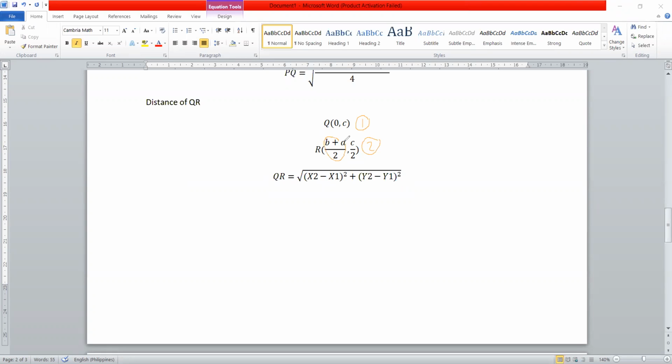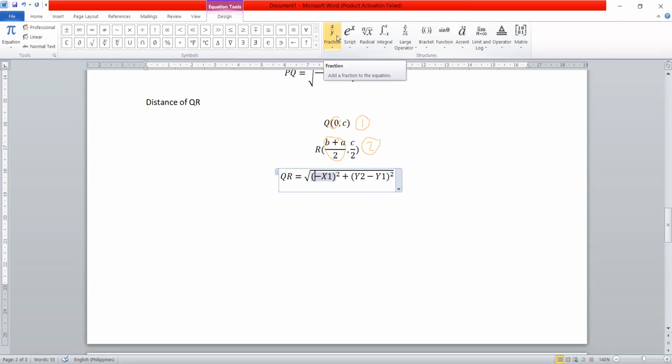So x2 is b plus a over 2, and x1 is 0. I'll just substitute that again: b plus a over 2 and x1 is 0. Next, you have your y2. So y2 is c divided by 2 and y1 is c. So you have here c over 2 and y1 is c.